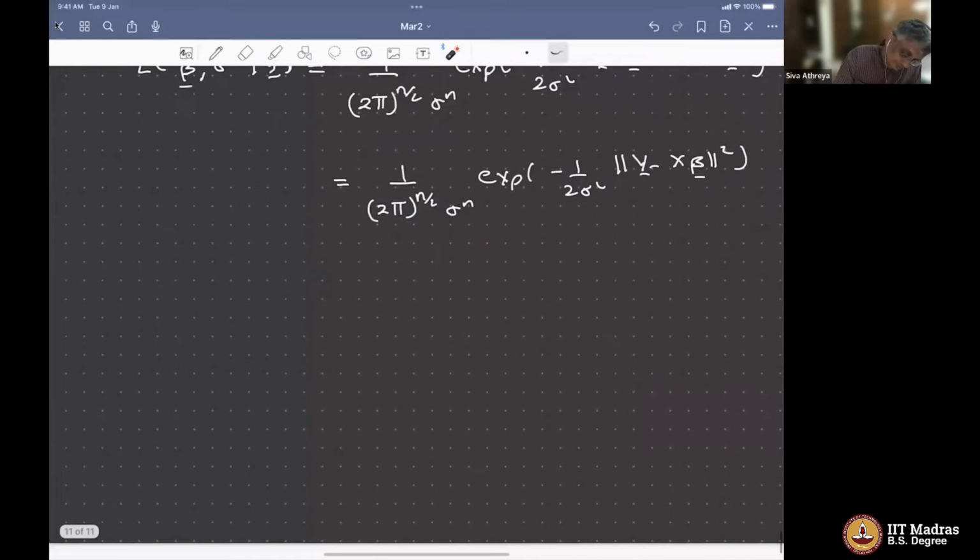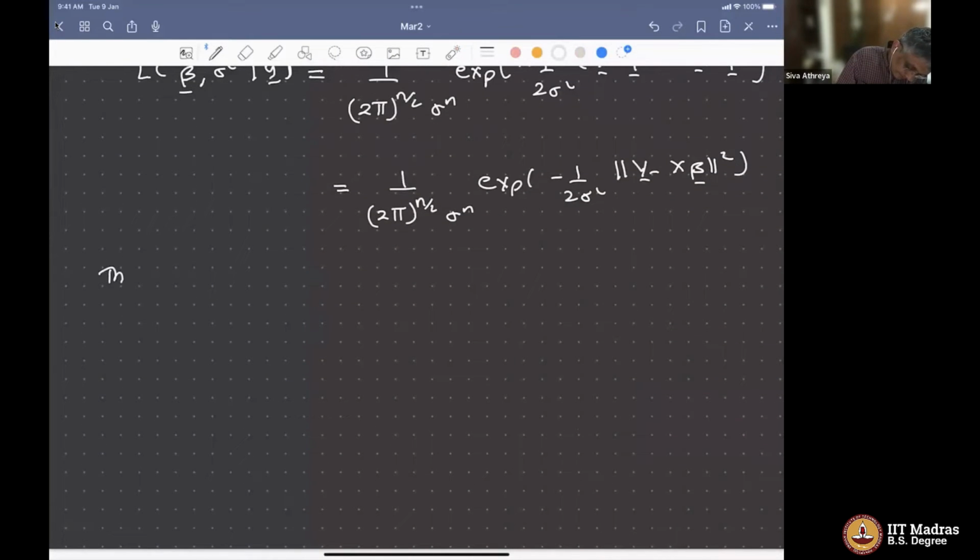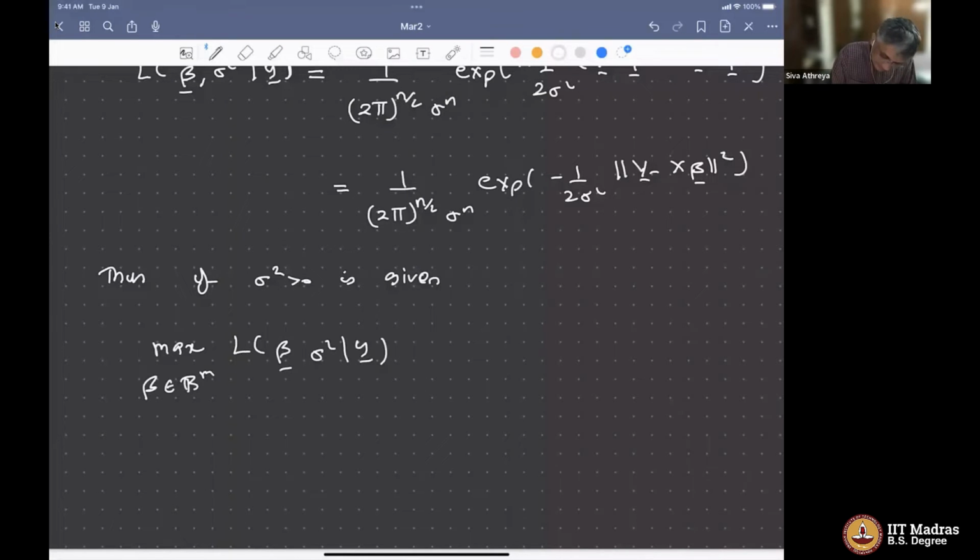Thus, if sigma squared positive is given, I go and maximize over all possible beta in R^m the likelihood function of beta, sigma squared given y. That's the same as minimizing the norm of y minus x beta squared, where beta is in R^m.